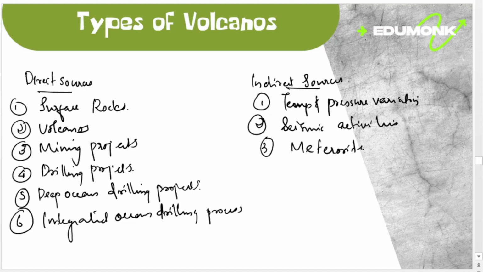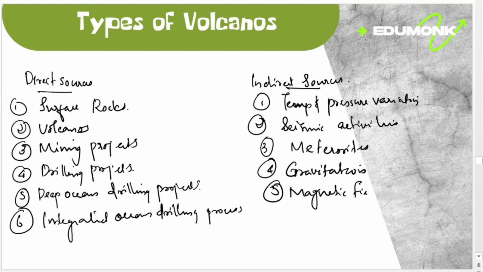meteorites. We have discussed what meteorites are in our first session. If you want to know more about meteorites, please watch our first session of geography classes. Then fourth one is gravitation, and fifth one is magnetic field.